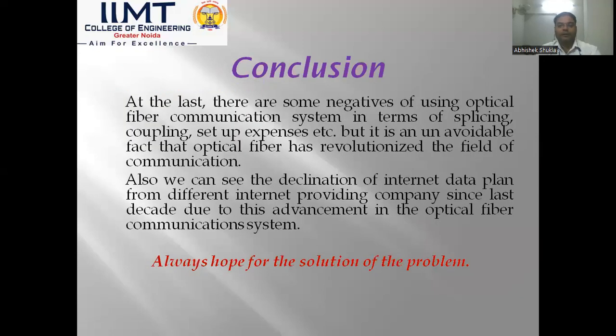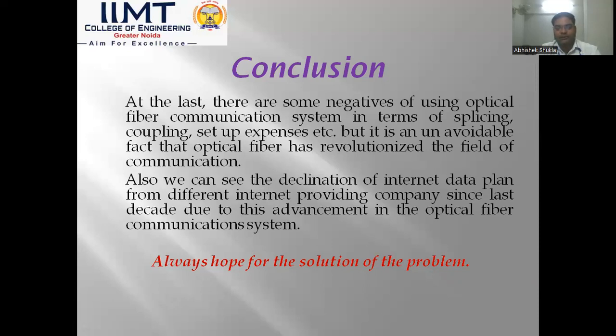So till now we have discussed that it gives a lot of good things with respect to copper wire. At the end, if we neglect its cost, we can avoid it. So it revolutionized the field of communication due to this advancement. In today's world, you can see that our internet data plan cost is declining day by day.